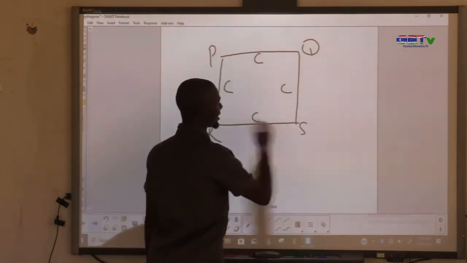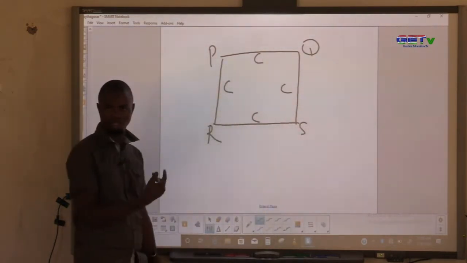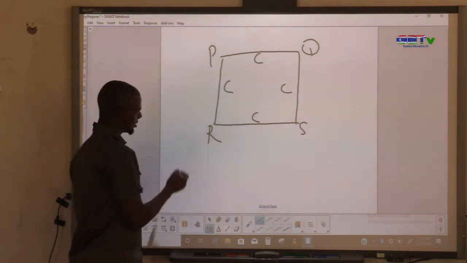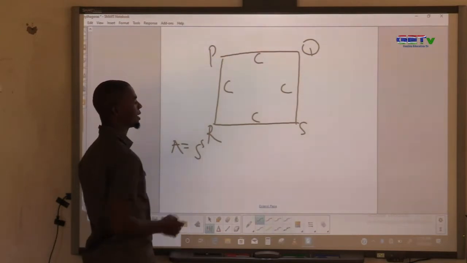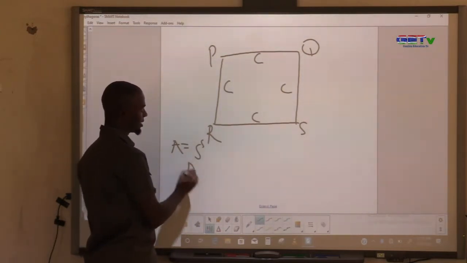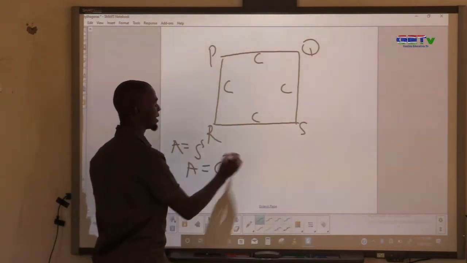The area of this square is side squared. Area of a square is side squared, and our side there is C, so C squared.